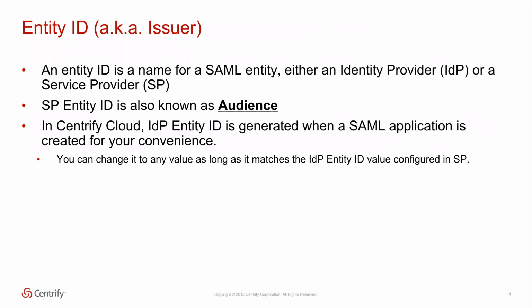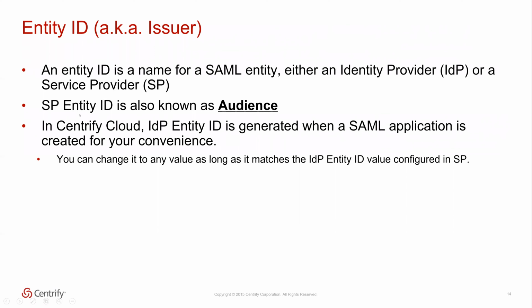So anywhere during configuration, if it is not clear, when someone asks for an issuer, or mentions issuer, the first thing you need to be more specific and get clarification on is whose issuer are you asking for, right? If they actually spelled out SP entity ID or SP issuer, then okay, that's the entity ID of SP.